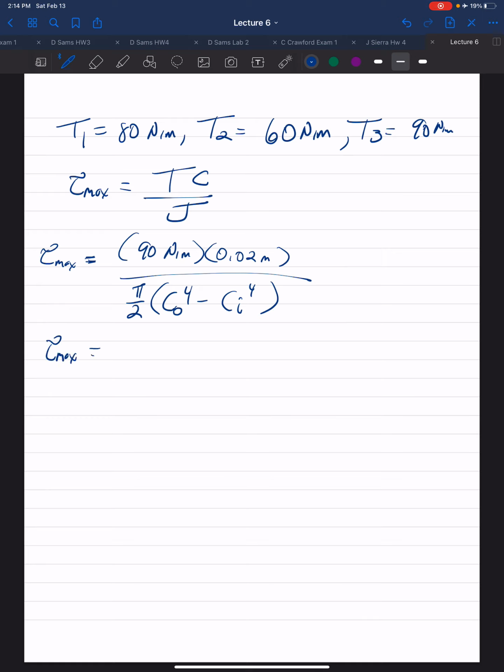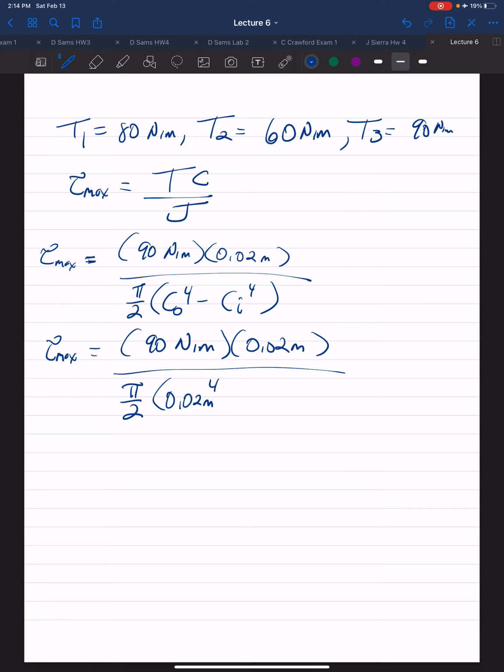So our maximum shear stress is 90 Newton meters times 0.02 meters over pi over 2 times your outer radius, which is 0.02 meters to the fourth power. Minus your inner radius, 0.0185 meters to the fourth power.